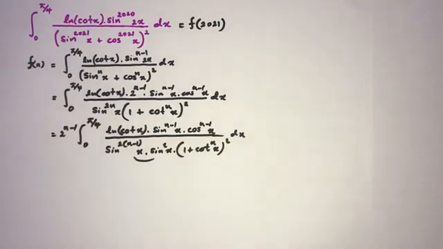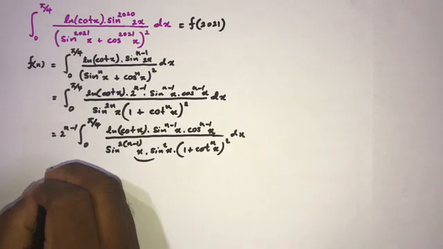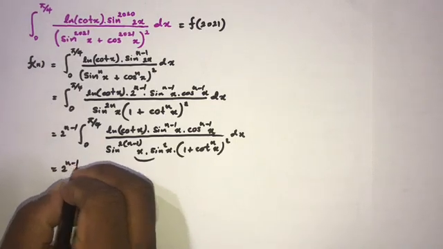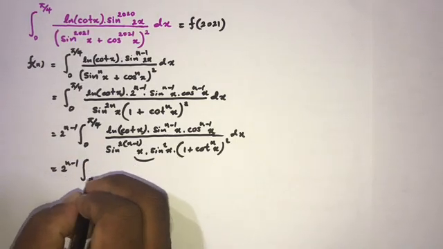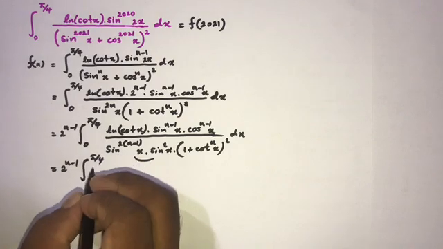As a next step we can write 2 raised to the n minus 1 power, integral from 0 to pi over 4.